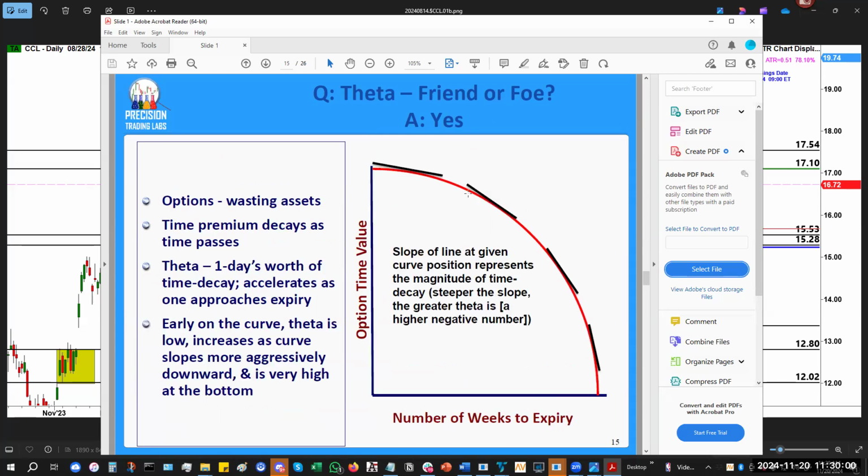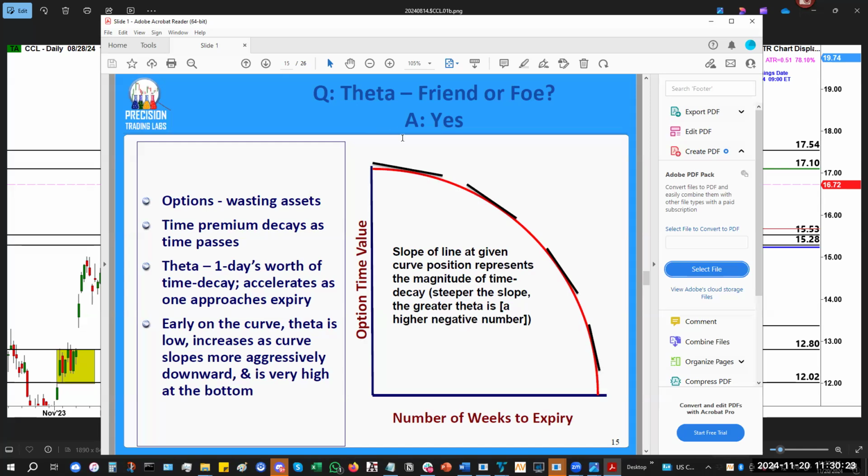So right here, this is the beginning, that's the middle, and then when you get to the end, we can think of this as almost like the bunny hill on a ski slope, and right here this is like the diamond hill or the extreme skiing down here. Up here, time decay is not hurting your trade too much. Down here, it's destroying your trade if you're buying an option.